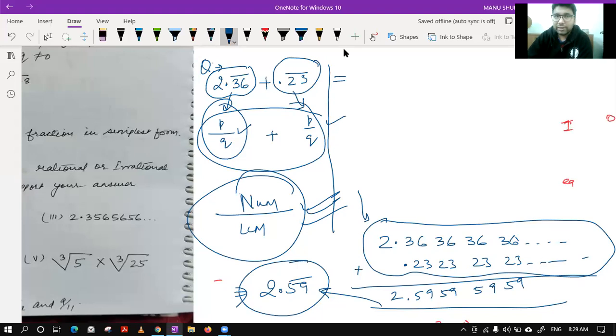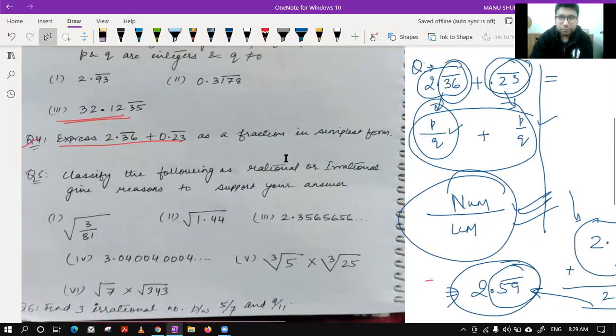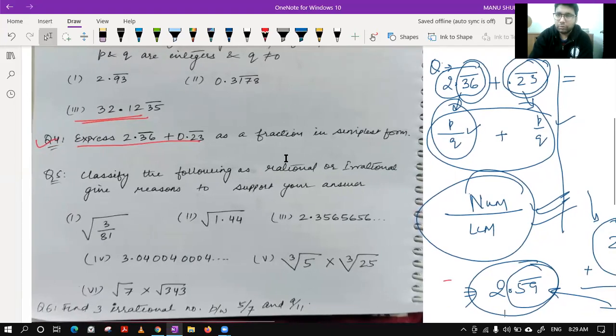You will get that the repeating block was 36 and 23 before, and now the repeating block became 5, 9. And you can check in that question also, I think the answer will be 257 upon 99 or something. You can see that in the solution given by me.